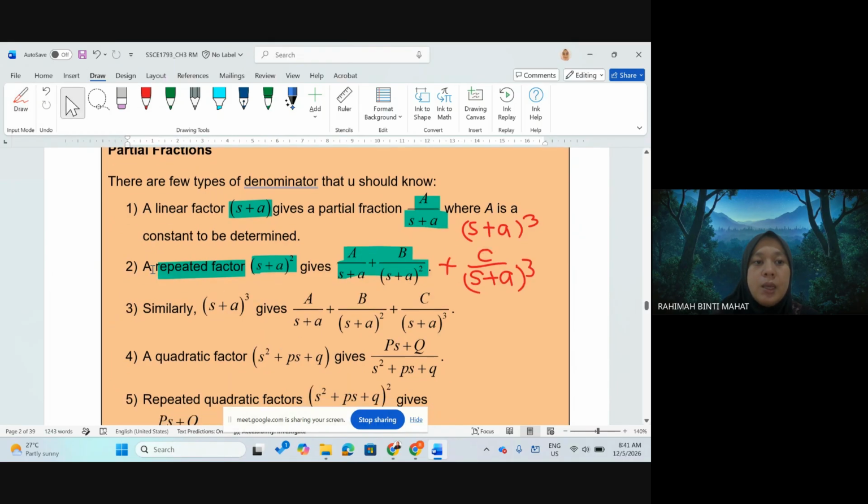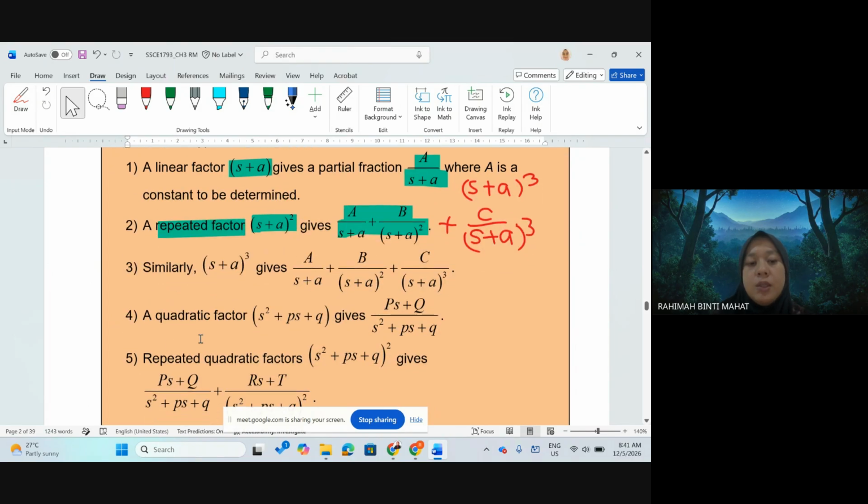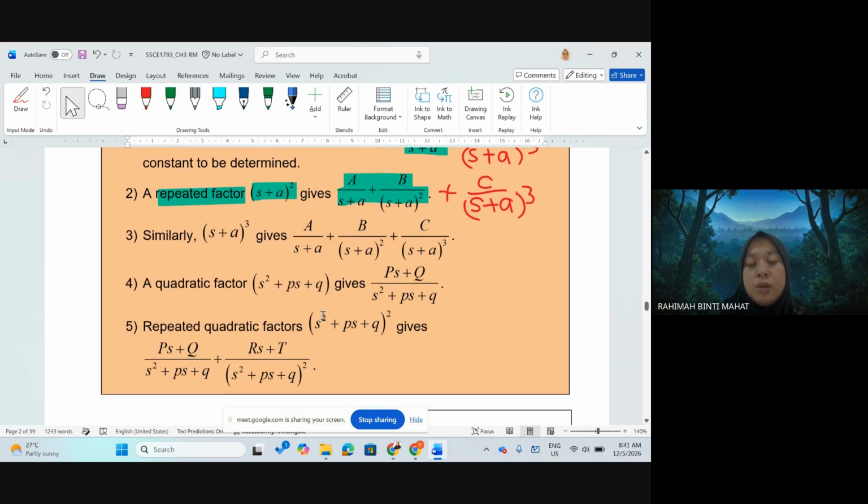And similarly, this one is for number 3, the repeated factor. And for the quadratic factor, the partial fraction gives you ps plus q over s squared plus ps plus q. You will get this one if it is a quadratic factor.